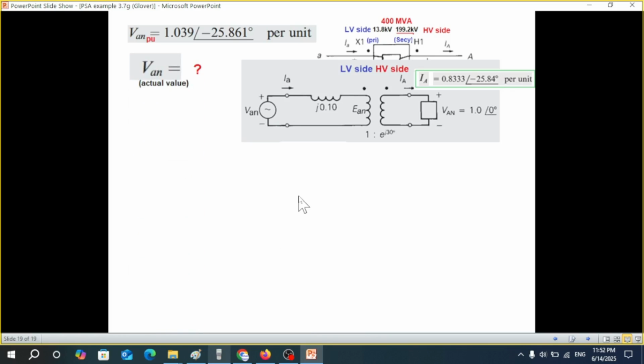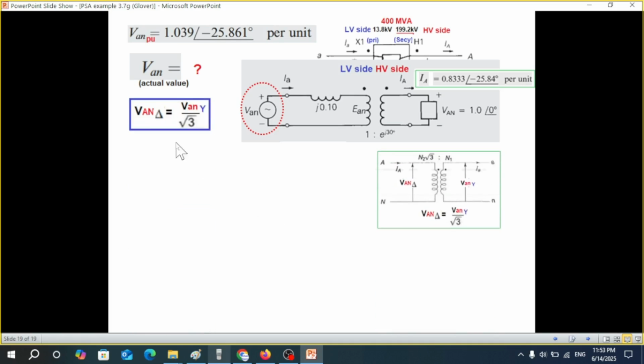Okay, so we were here, VAN actual now we need. We had found out VAN PU. And so we are concentrating in this area. And we'll now use this formula from here to find VAN delta base.